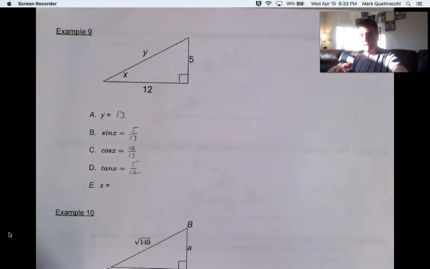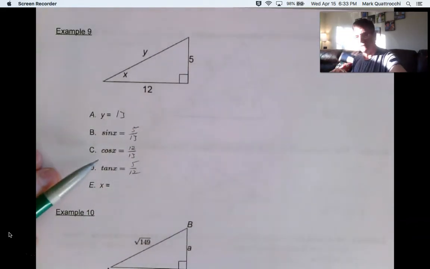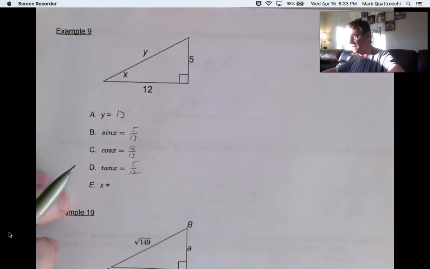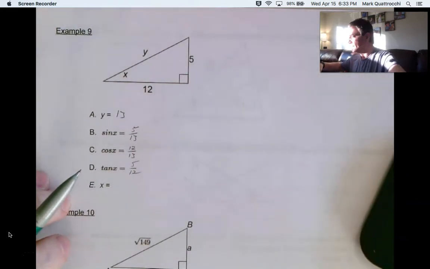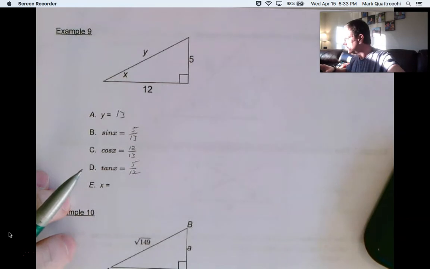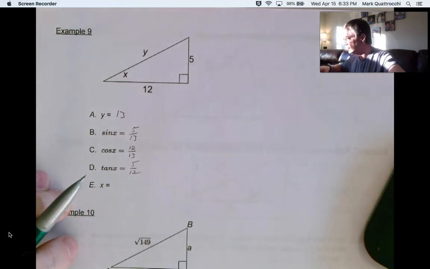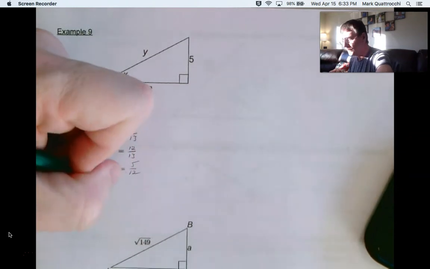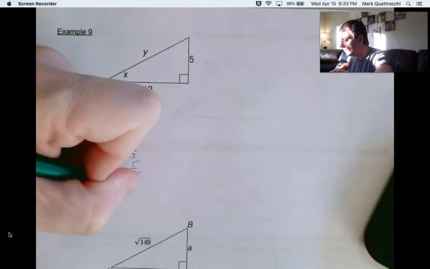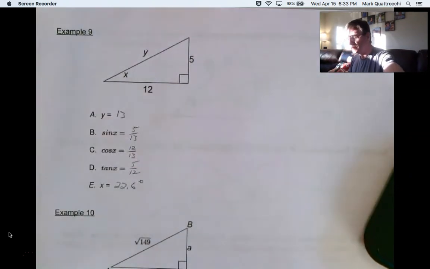For x, I can do inverse sine, inverse cosine, or inverse tangent. It doesn't matter which one, they're all going to give me the same answer. Let's do 5 divided by 13 and do inverse sine, and I get 22.6 degrees.